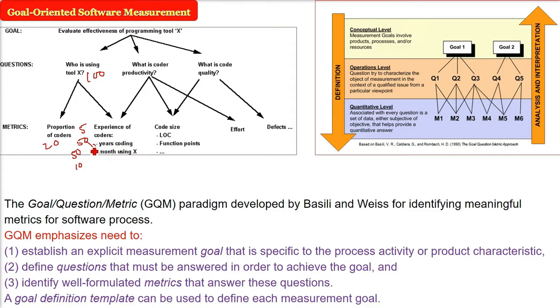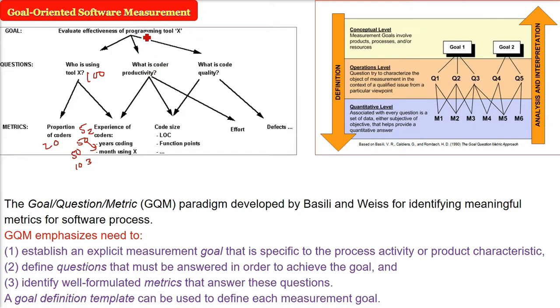And the people who are not coding can also have experience, right? So this is the metric. The metric is coming from the proportion of coders and the experience of coders. Let me take one more question.